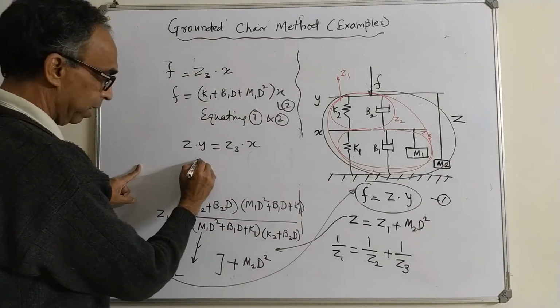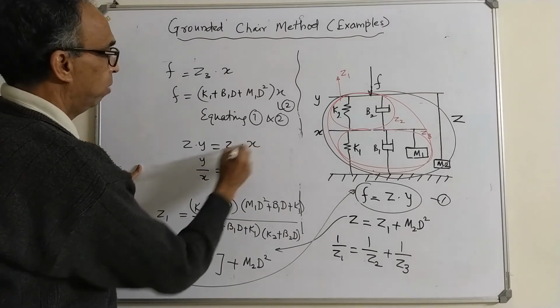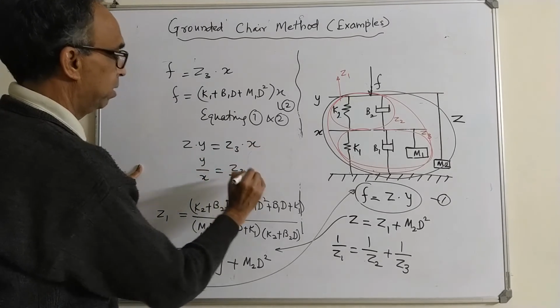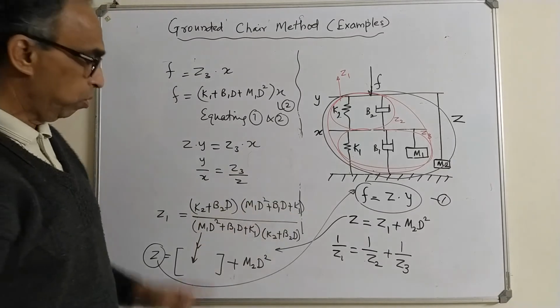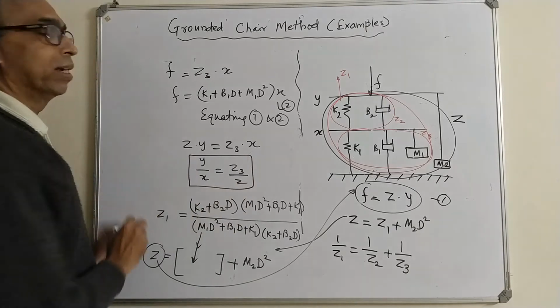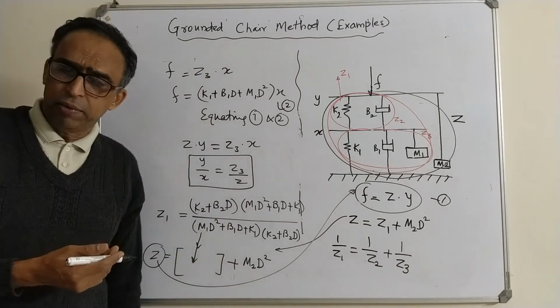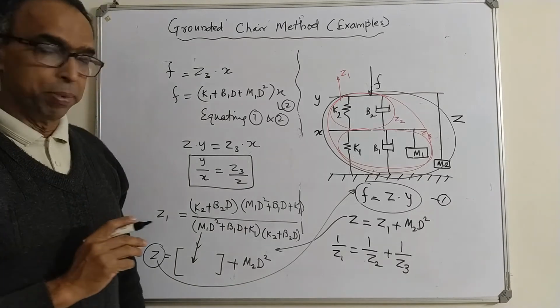I substitute and I get the relationship between Y and X. Y by X is Z3 by Z. So whatever values we just found out, I can substitute them. So this is how I can solve complicated equations by using the grounded chair representation.